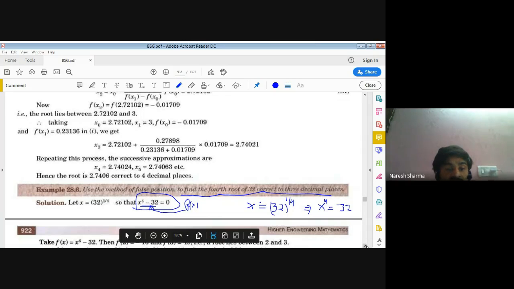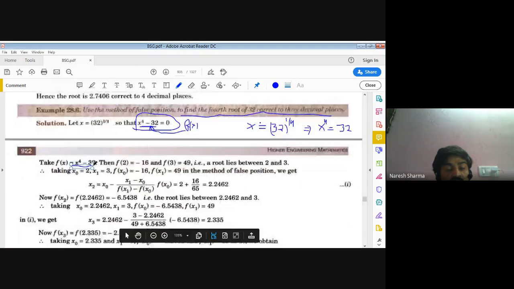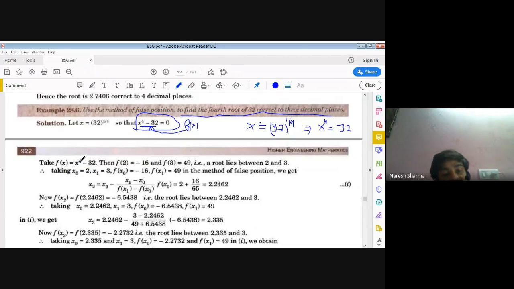So now we have f(x), and by the normal procedure you just put in 0. At 0 it is negative, at 1 it is also negative, at 2 it is 2 raised to 4, which is 16, minus 32, again negative. At 3 it is 3 raised to 4, which is 81, minus 32, which is 49.